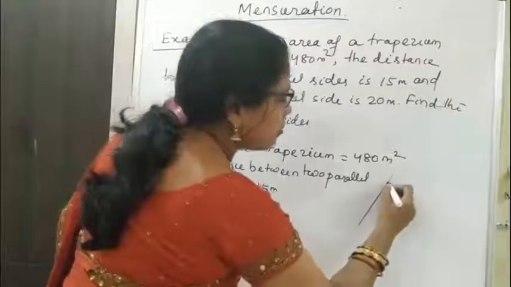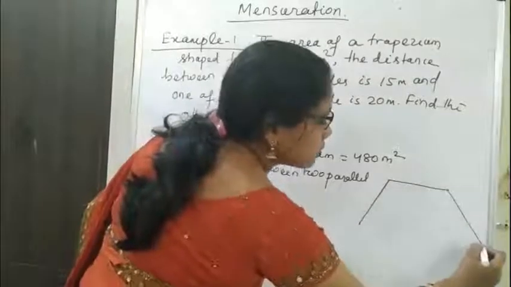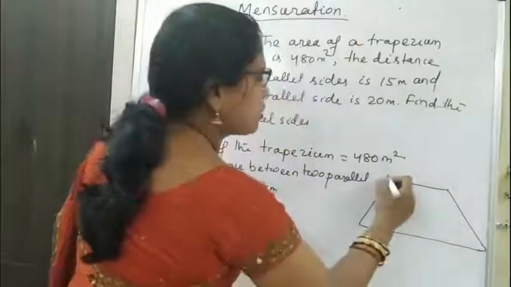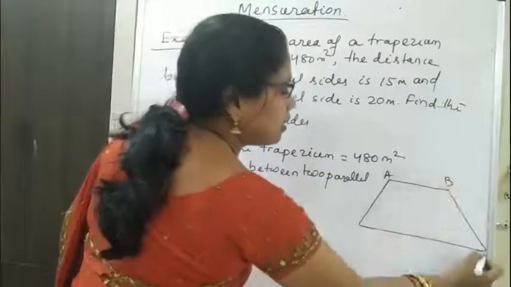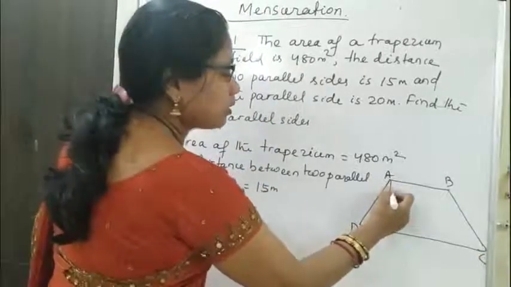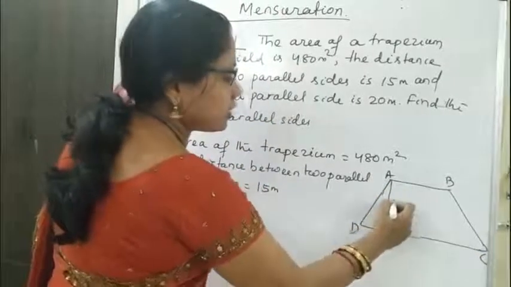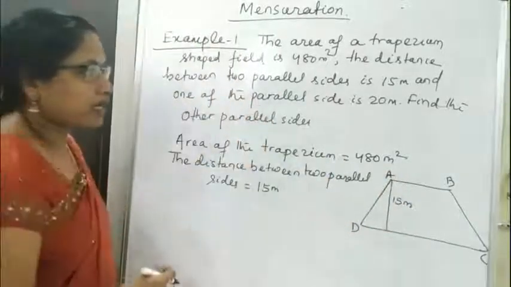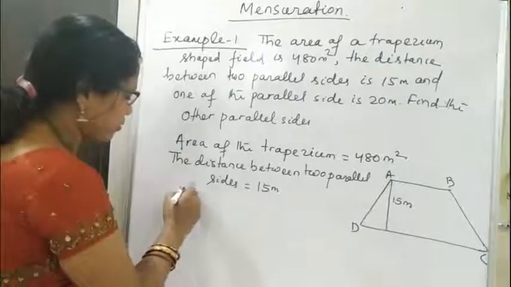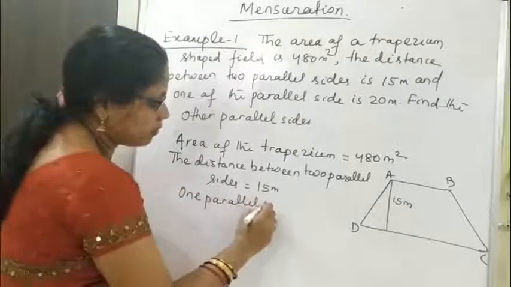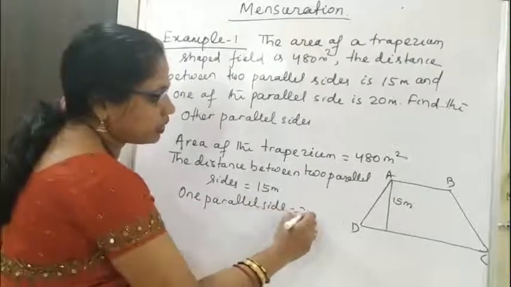Let us draw the diagram like this. So let this be the trapezium. So A, B, C, D is our trapezium. So the distance between the two parallel sides is 15 meter. And one of the parallel sides is 20 meter.